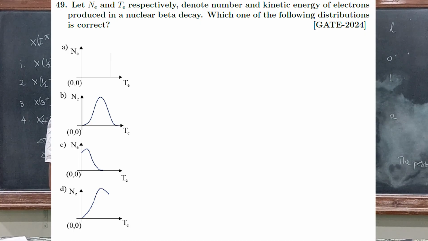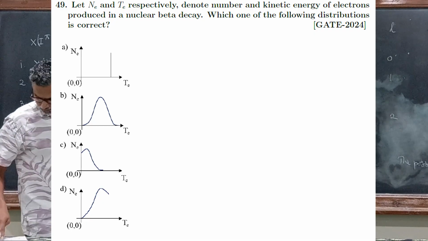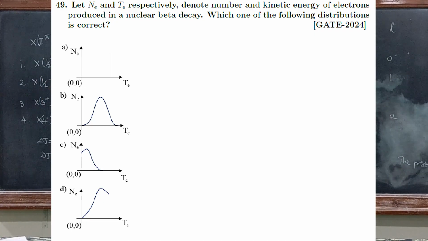So what is the relation? You all current MSc students definitely would have studied this picture. There are 4 options. Let's see whether you will be able to appreciate the meaning of this.